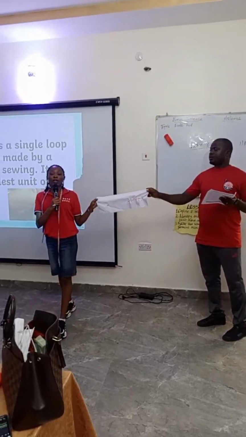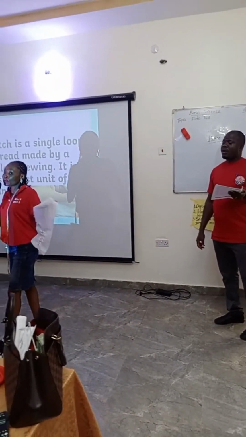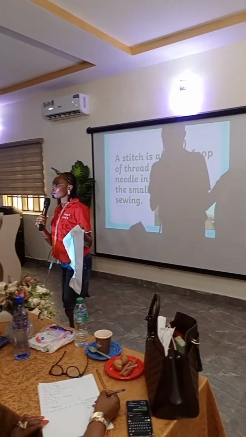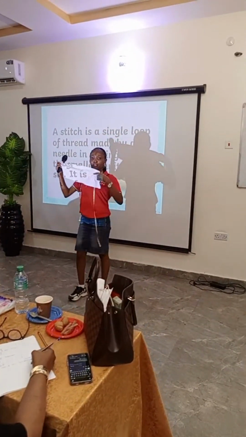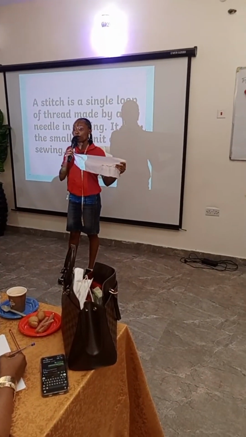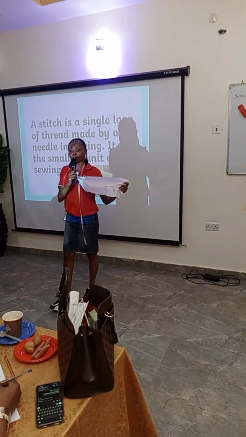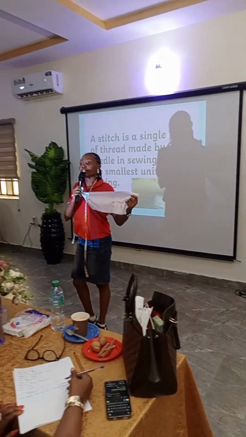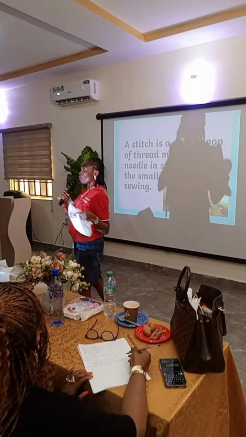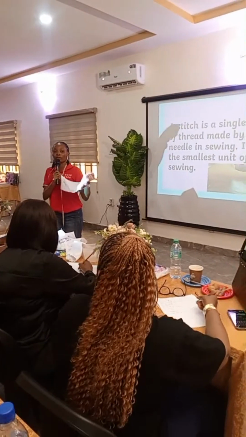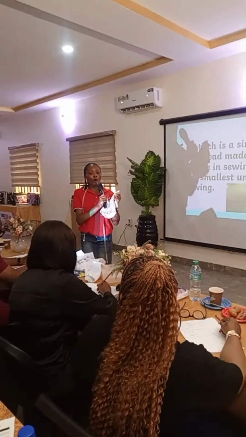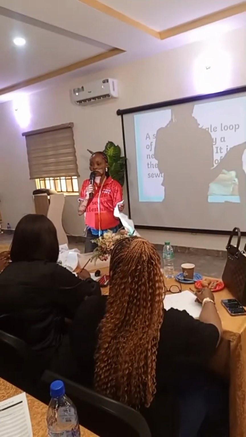So what happens when they are made? When something is made, what do you call it? Good job. So these are stitches. Many loops of thread made by a needle are called stitches. Threading your needle to sew your clothes, design the clothes, or mend them together is called stitching.